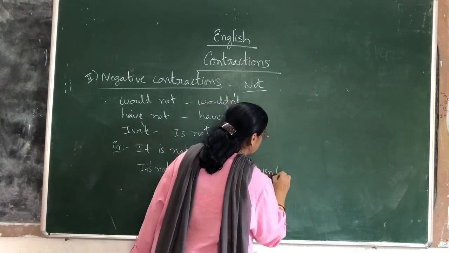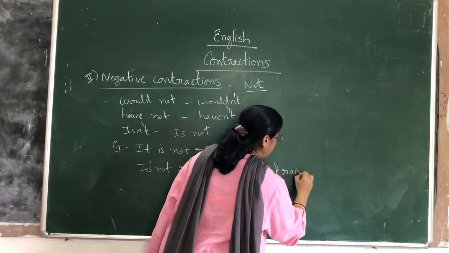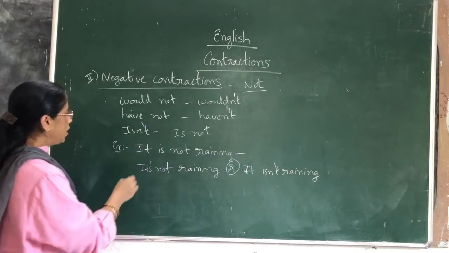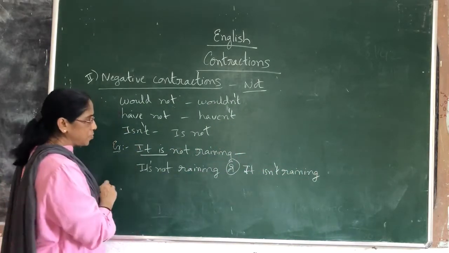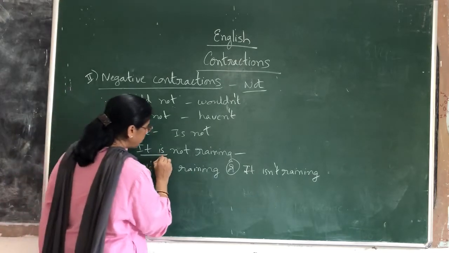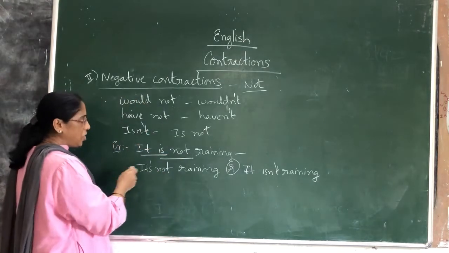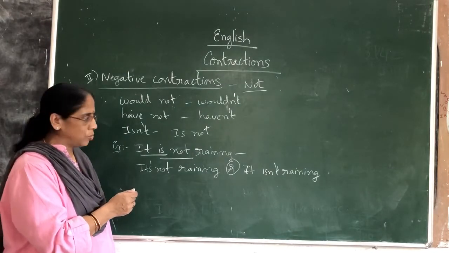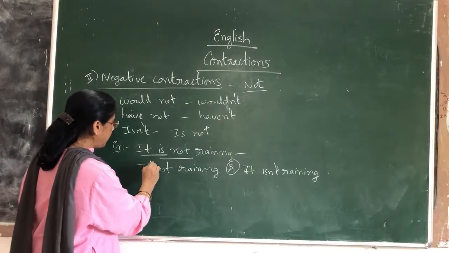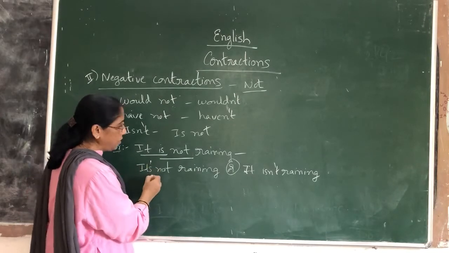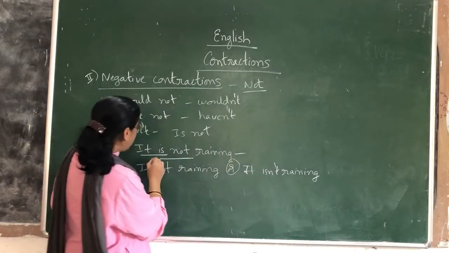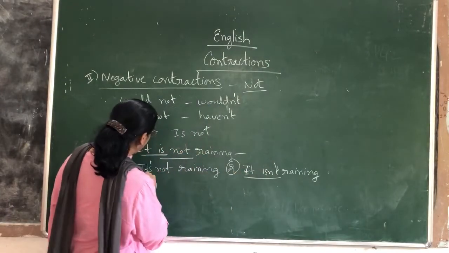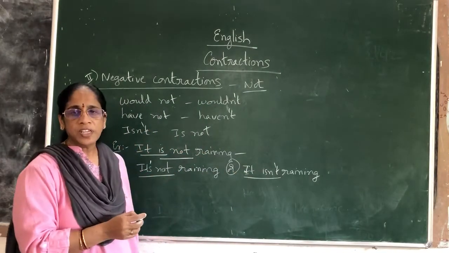So what did I do in these two sentences? Either we can contract this part or we can contract this one. But can we say isn't it raining? No. You can contract only as it isn't raining or it's not raining. Okay. It's not raining or it isn't raining. Is it clear, children, now?